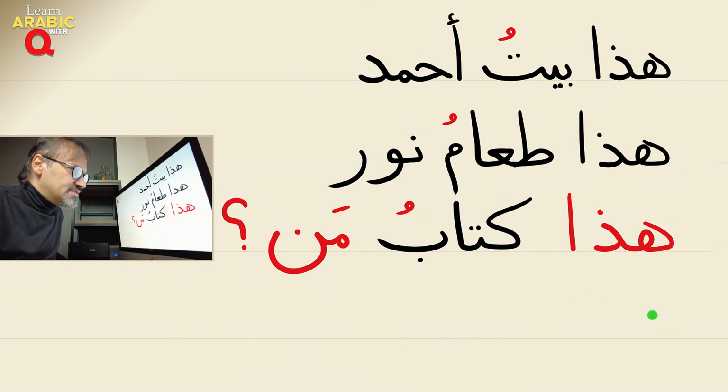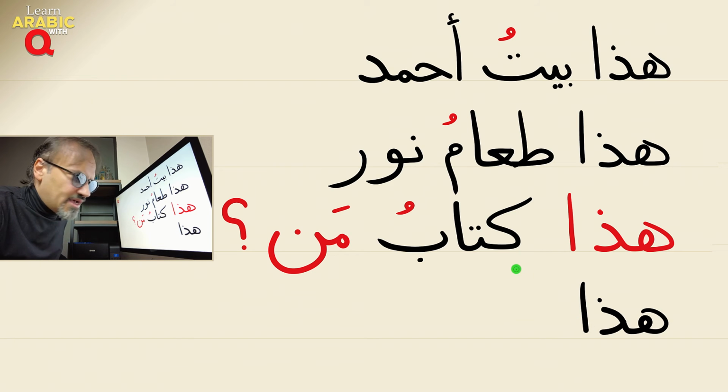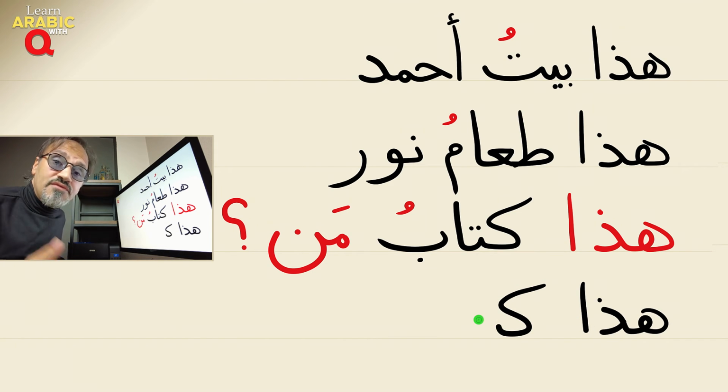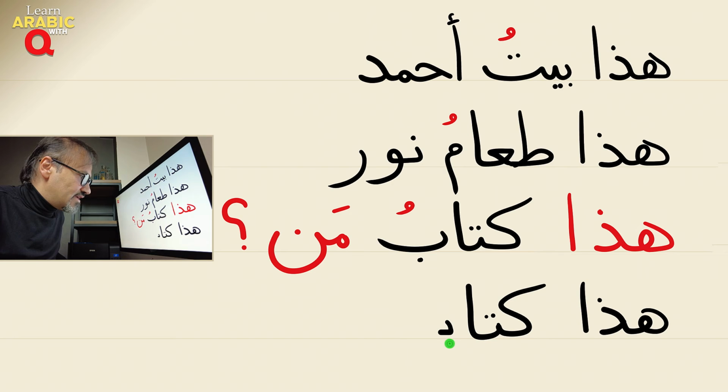And the answer is هذا كتاب. If it was my book, I would say هذا. Remember what it was that we add to the word that makes it mine? كتابي. Yes, excellent. هذا كتابي.